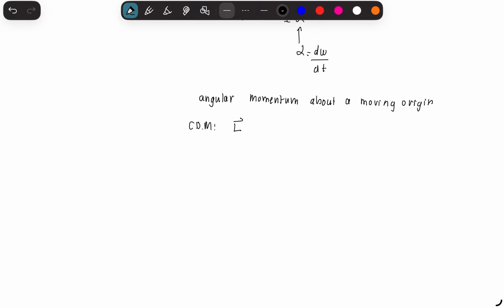So your vector of angular momentum is going to equal r center of mass cross m v center of mass plus I cm times the angular velocity. And this means that we combine translational plus rotation.